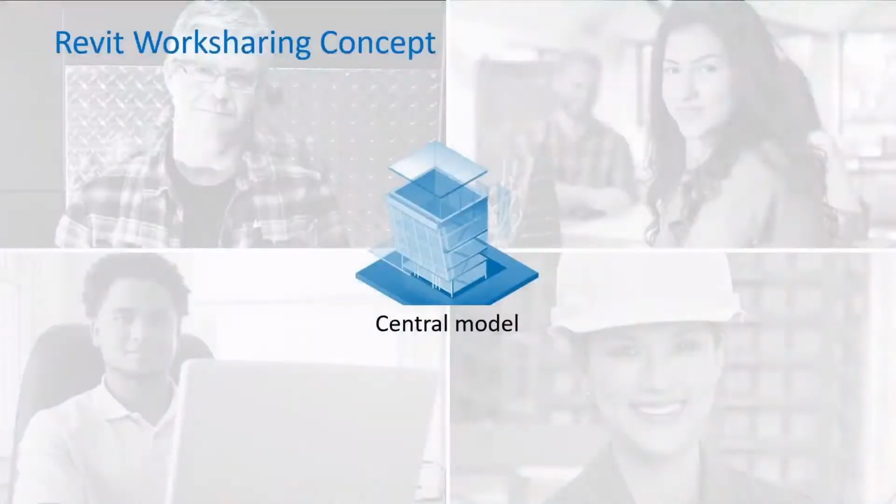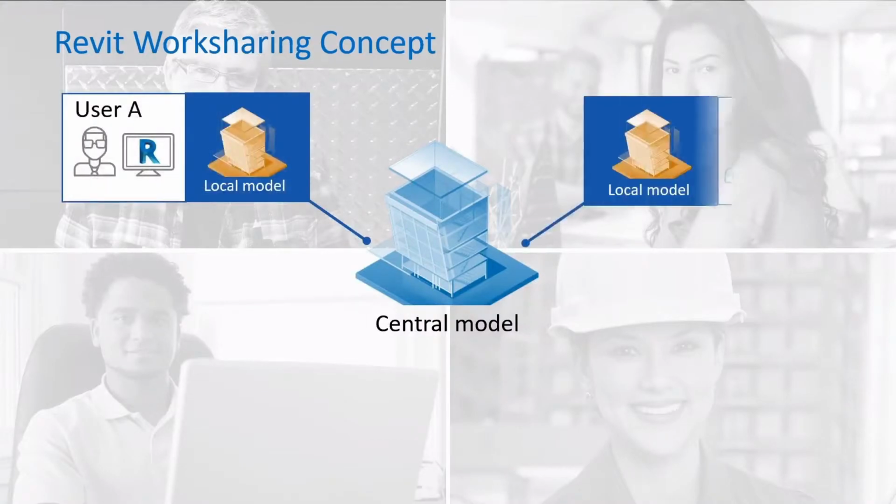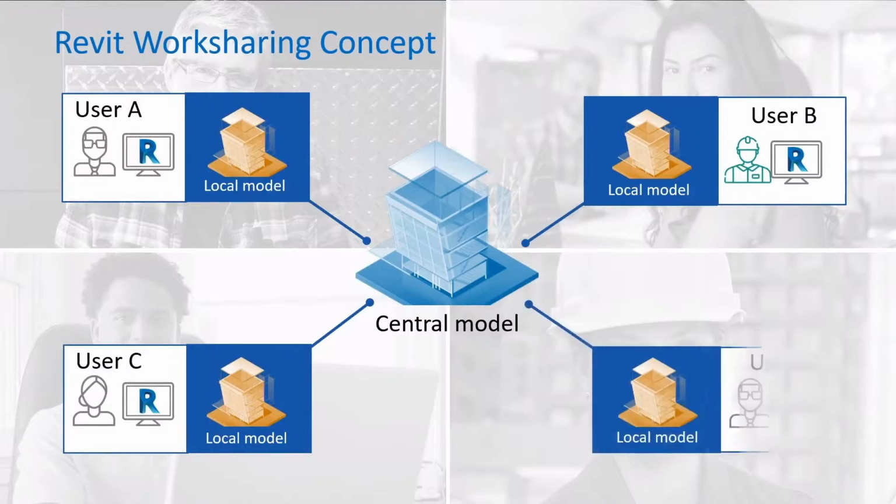Okay, so first as a review, BIM 360 design is very much based on the Revit work sharing concept, as I mentioned last week. It essentially means that the whole concept of having local users and local models and connecting to a central model hasn't changed.